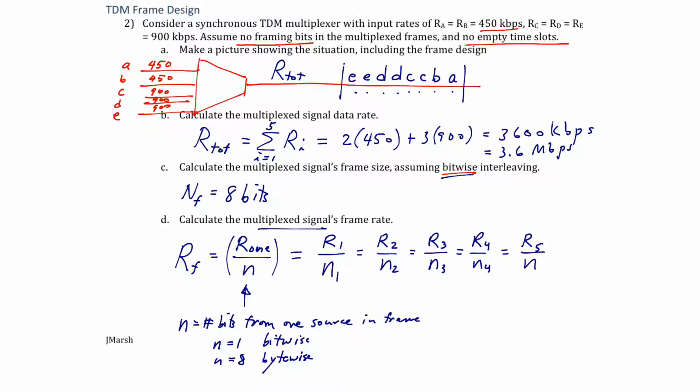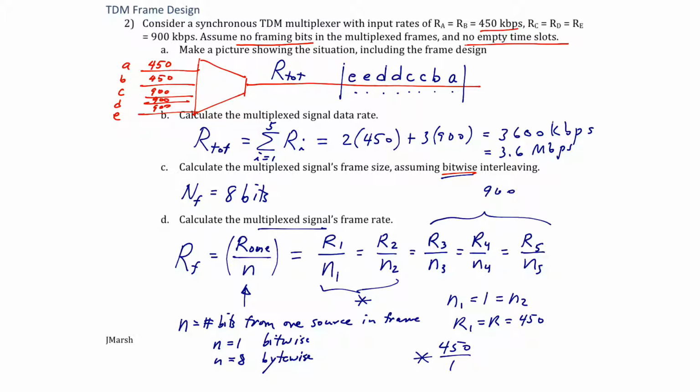R5 over n5. Well, n1 is 1, and that's also n2, and R1 and R2 are both 450, so we get 450 over 1 for the first two. And for the last 3, we get a rate of 900 over 2, which is also 450.